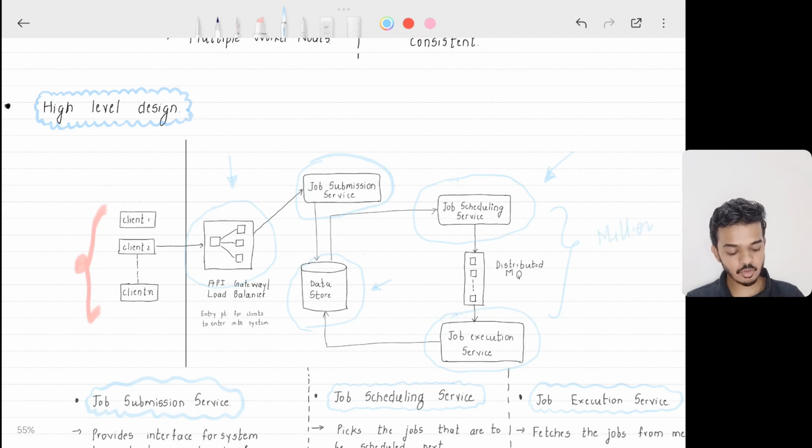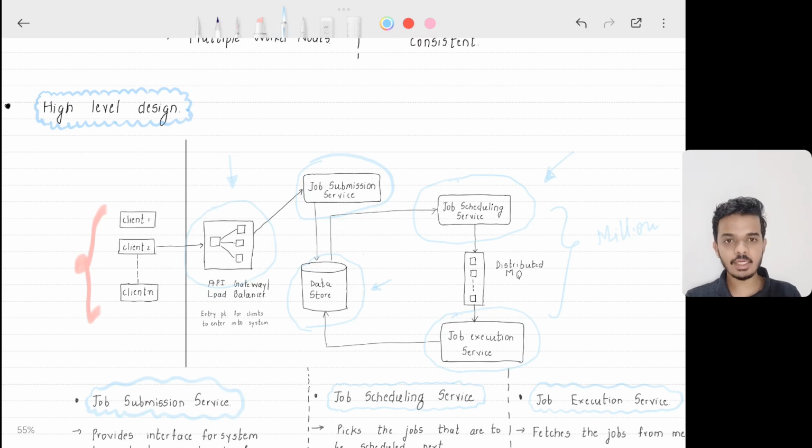So we cannot have synchronous communication between the scheduling service and the execution service. Why? A scheduling service cannot wait for the execution service to respond with the result of the job, right? The job can take a few minutes to execute completely. It can take half an hour also. So the job scheduling service cannot keep waiting for the execution service to return with the results.